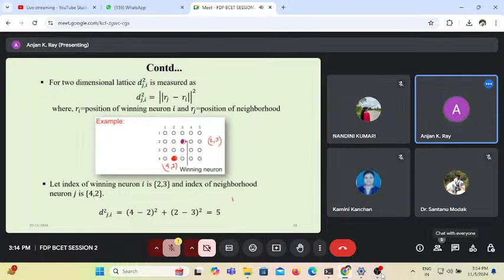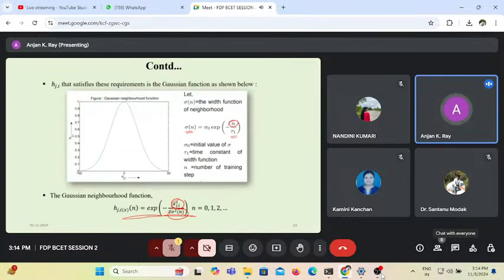Actually, d_ji will be the root of that. So this structural distance is calculated like this, and it is used in this formulation to find out the neighborhood contribution for the training of each neuron.